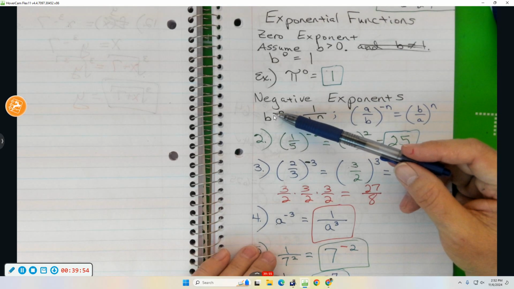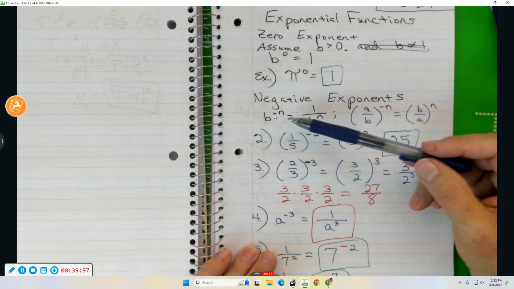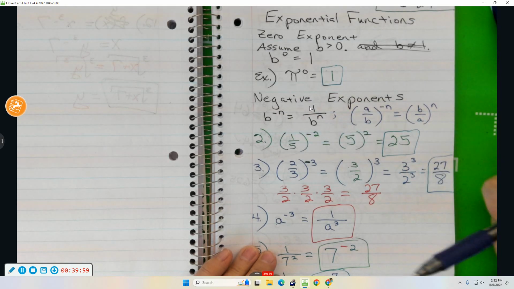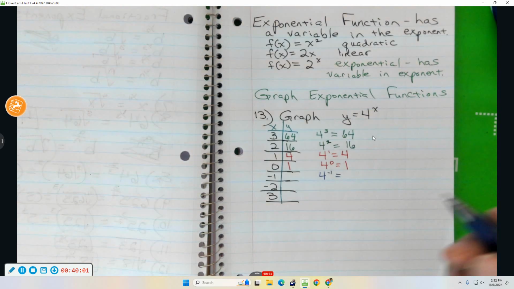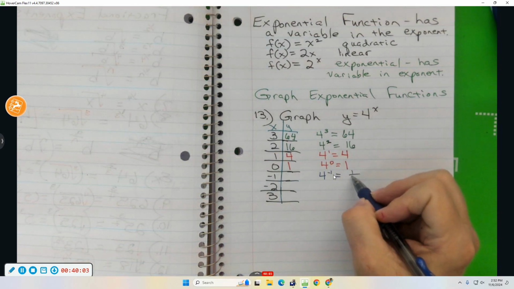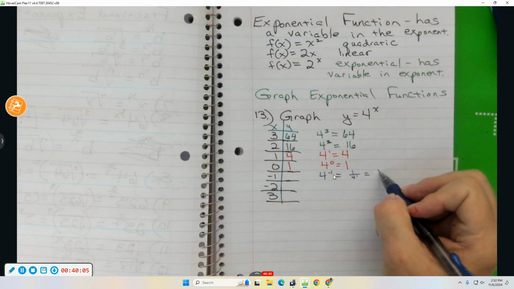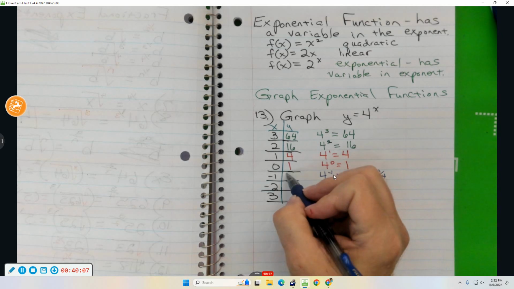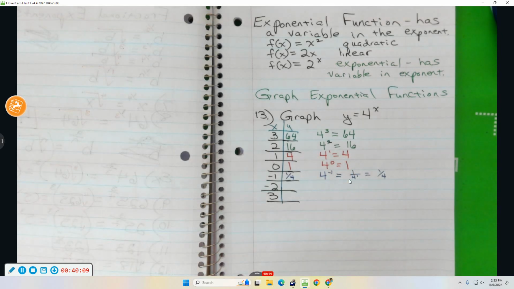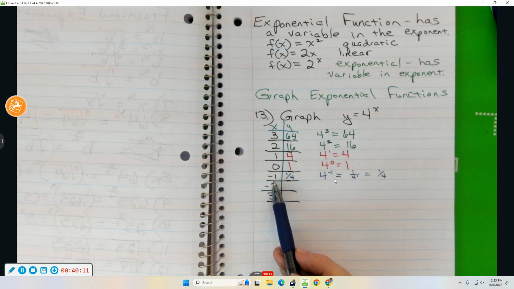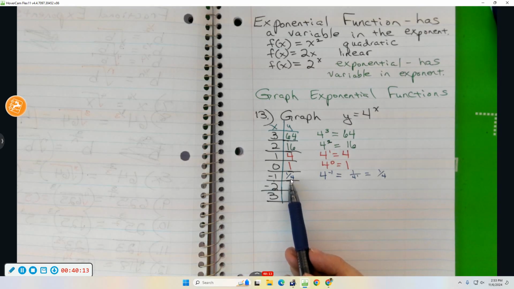You get rid of the negative on the exponent, but you pick up a 1 over. So that's 1 over 4 to the first power, which is just 1/4. So when we're drawing our graph, we're going to have to go left 1 unit and only up 1/4 of a unit. Ooh.